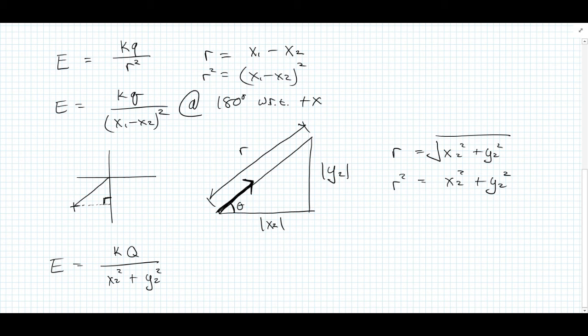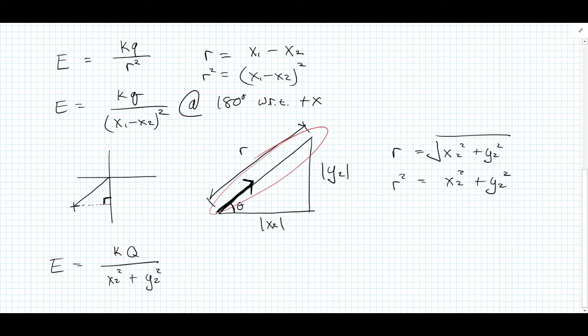Now I need to figure out what this direction is, and I can use the same triangle to figure out this direction. Now this is a pretty simple case. If I look at this triangle here, I've got an angle here, right? And if I'm going to apply trigonometry, then this angle determines what the opposite and adjacent sides are.